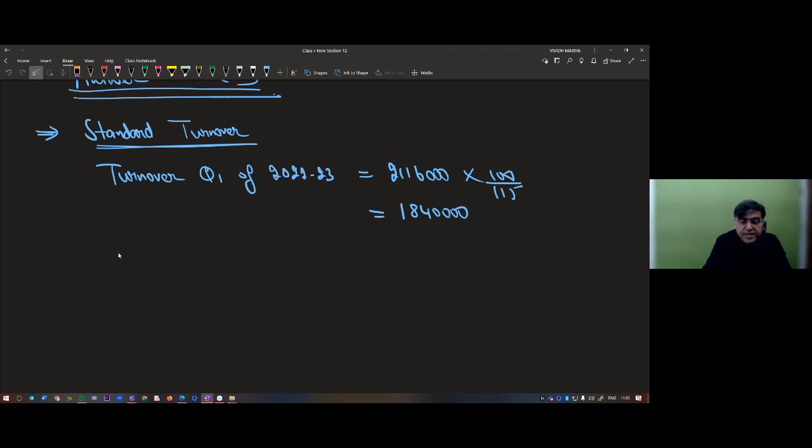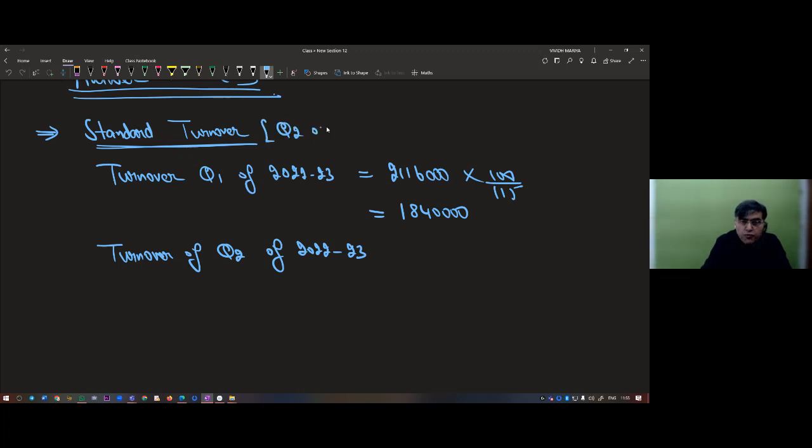Standard turnover is turnover of Q2 plus Q3 to Q4.